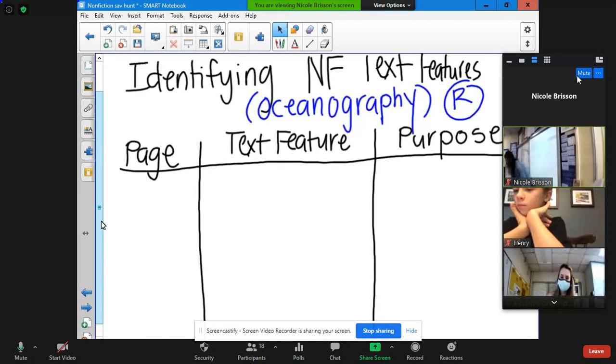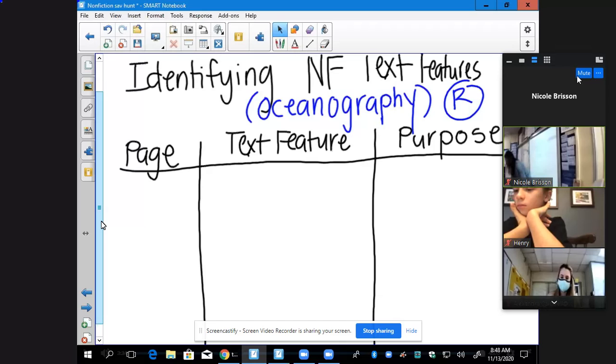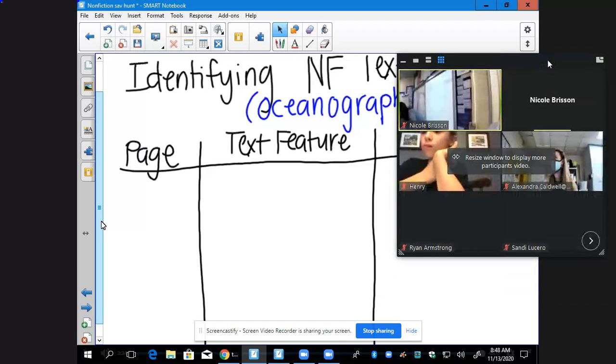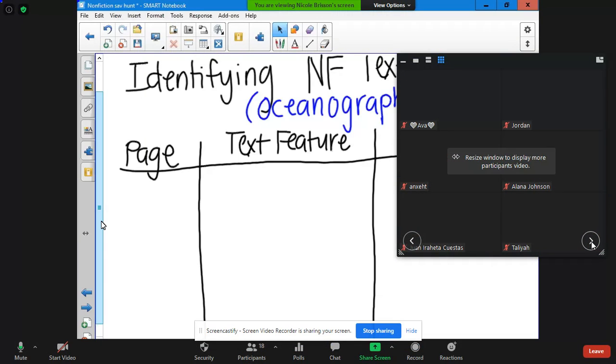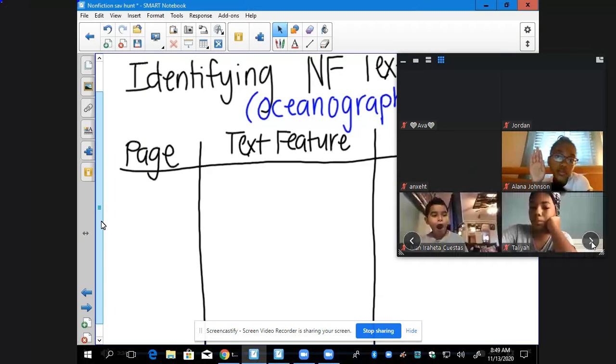Let's think of some of those nonfiction text features that are helpful. Natalie, give me one. Glossary. Good. Someone at home, give me another. Axel, give me another text feature that's really helpful. Natalie said glossary.